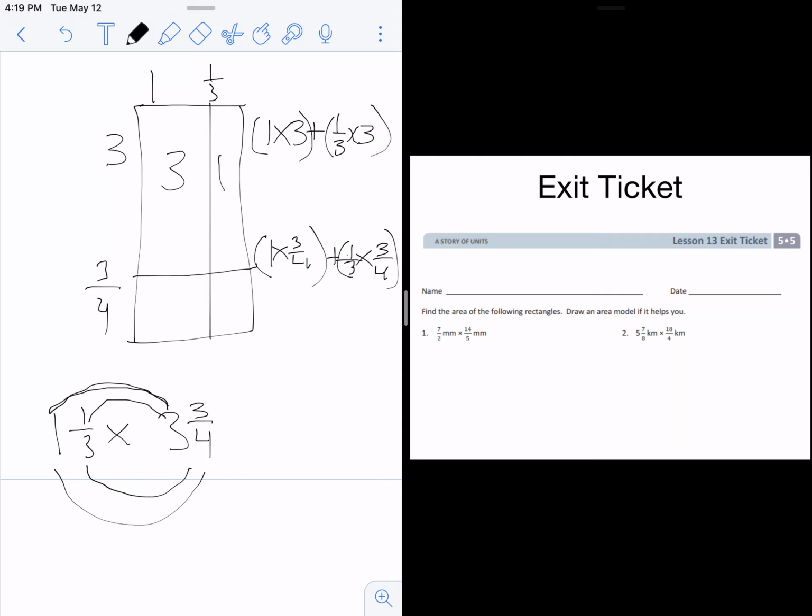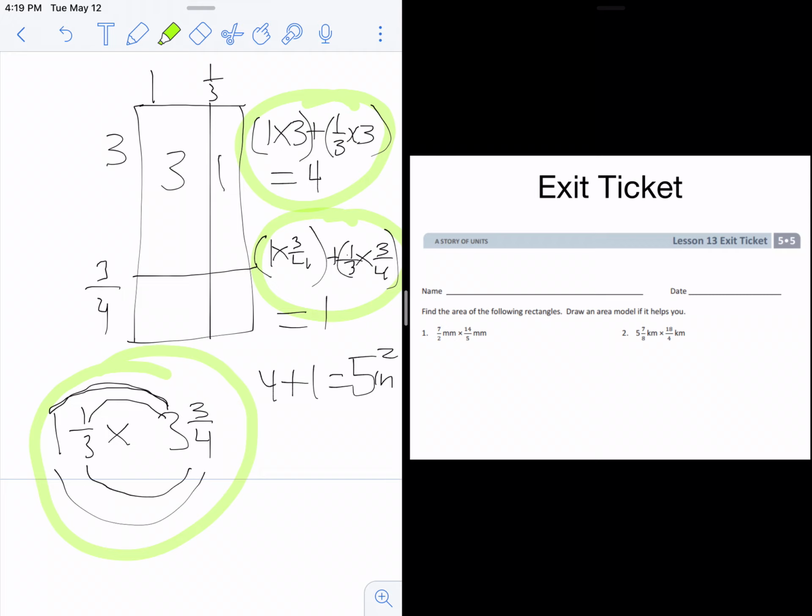And then you add those together, and we got this equals 4, and this equals 1. So 4 plus 1 equals 5 inches squared. So this part is the distributive property. So you can do your exit ticket with that distributive property with just your numbers and your equations, or you can draw an area model. It is your choice.